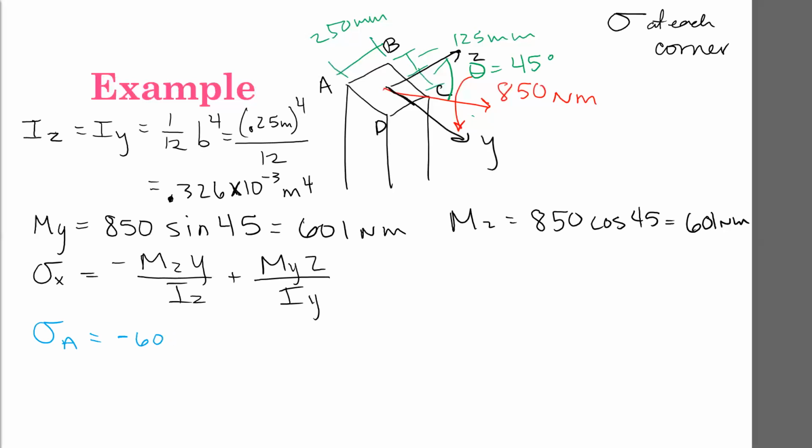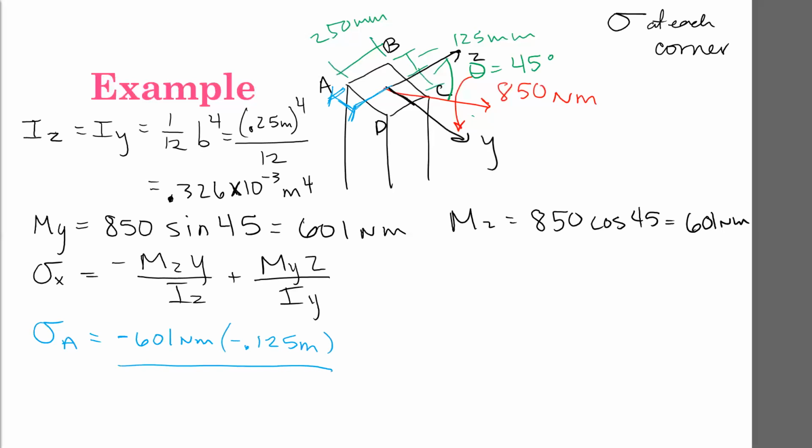Negative 601 Newton meters. What is the y measurement to get to A? Negative 125. Yeah, so we'll call that negative 0.125 meters.